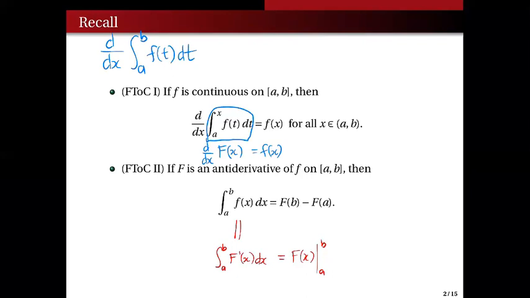Recall that this is a number, if it exists. Meaning if you have the definite integral, you get the limit of the Riemann sum and you get a number. Which means the derivative with respect to x of this is always 0, because the derivative of a constant is just 0.